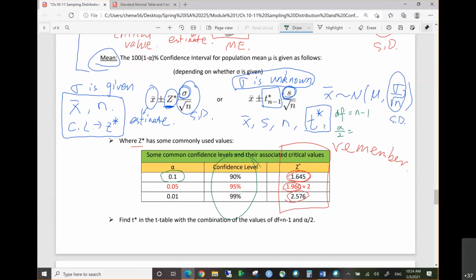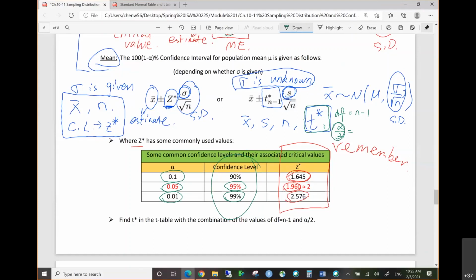Then your alpha will be 0.1. Confidence level 95% means 5% you are not confident, so your alpha will be 0.05. 99% confidence means 1% not confident, so your alpha will be 0.01. To find this t star, you are not using the alpha, you are using the alpha over 2.